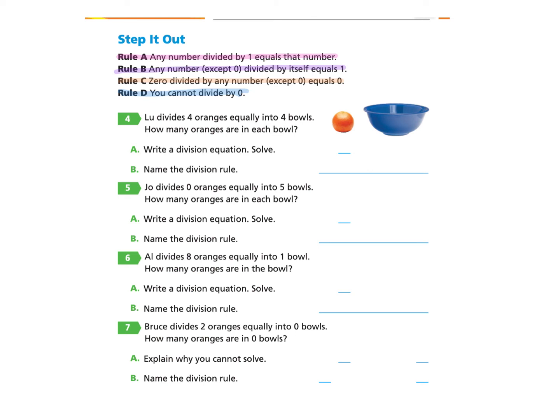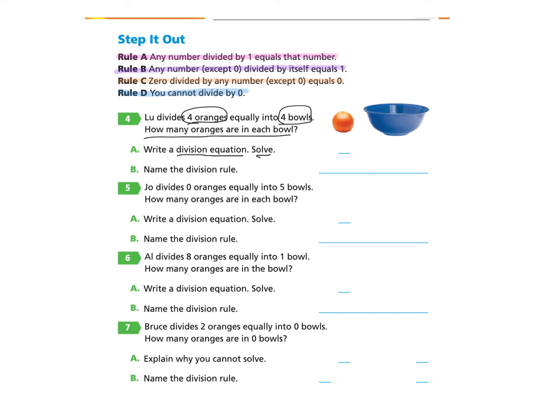All right, let's take a look at part 4 on page 165. Part 4, Lou divides 4 oranges equally into 4 bowls. How many oranges are in each bowl? If you'd like to pause and try this part on your own and come back to check your answers, you may do so, or follow along with me. So it asks us to write a division equation and solve that equation.